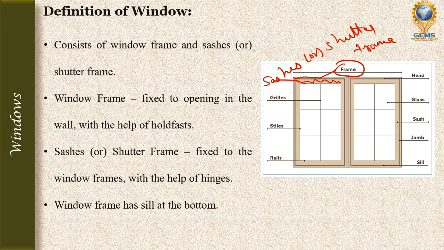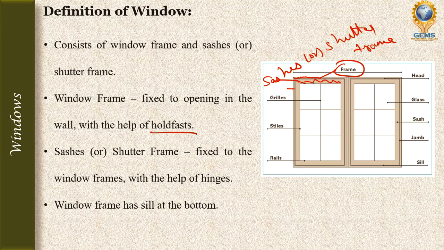Every window will have these two parts. The window frame is fixed to the opening in the wall. How will it be fixed? With the help of hold fast. This hold fast will help to fix the window in position on the wall surface.